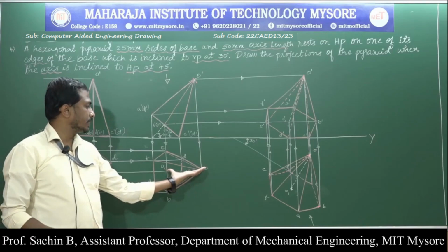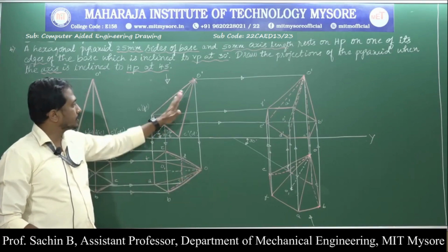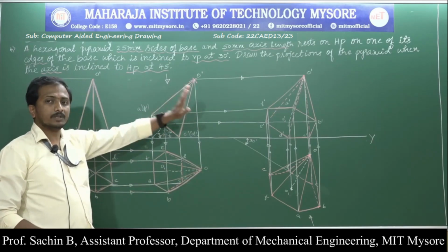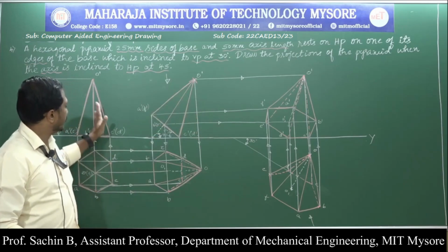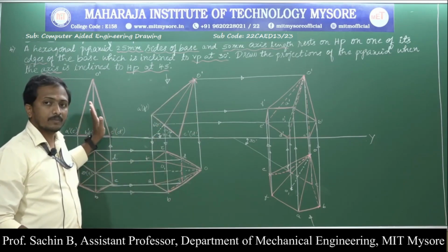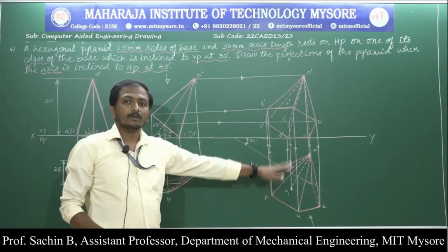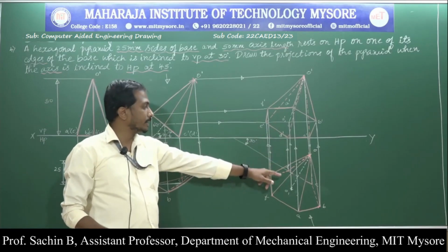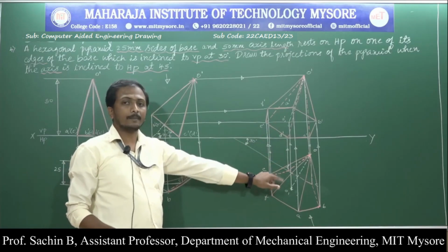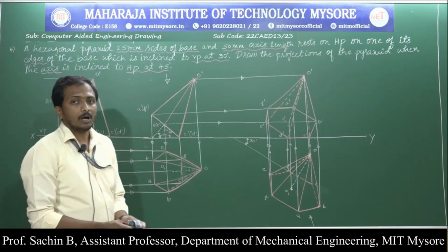But in the second case, the axis length will change, because in the second position front view the object is tilted to the given angle. Based on that, the length is not the same from the first position to the second position, due to which we are finding the beta angle in the last case. That beta angle is nothing but the apparent inclination. By using that apparent inclination we are constructing the last position.